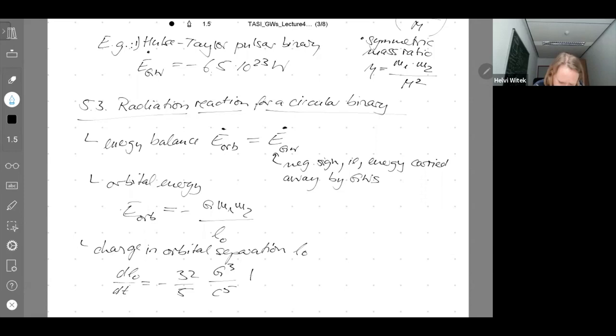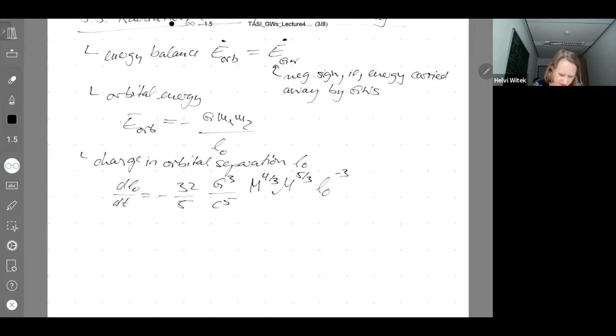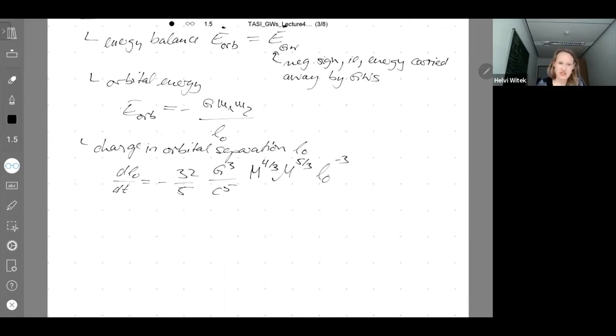So we will have the total mass M to some power, and the chirp mass curly M to the power of 5/3, and then we have the separation to the power of -3. Okay, I'm not going to solve this, but what I will write down for you is both the change in the orbital period and the change in gravitational wave frequency.